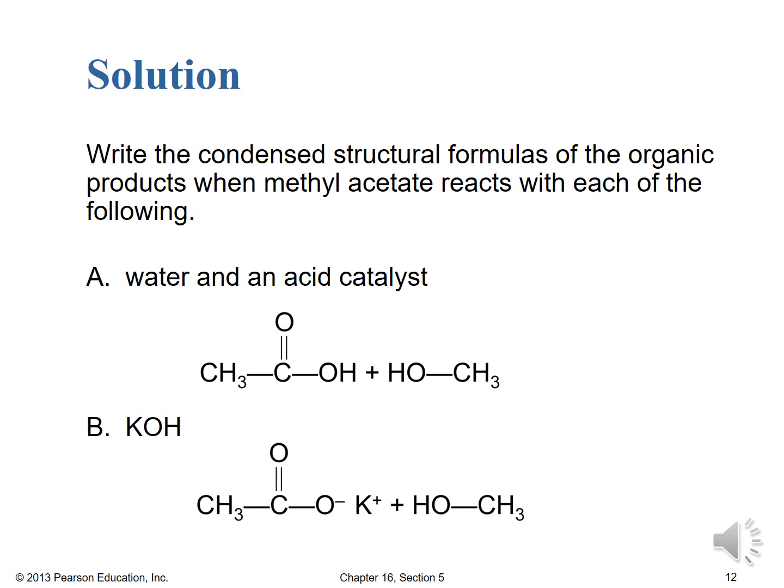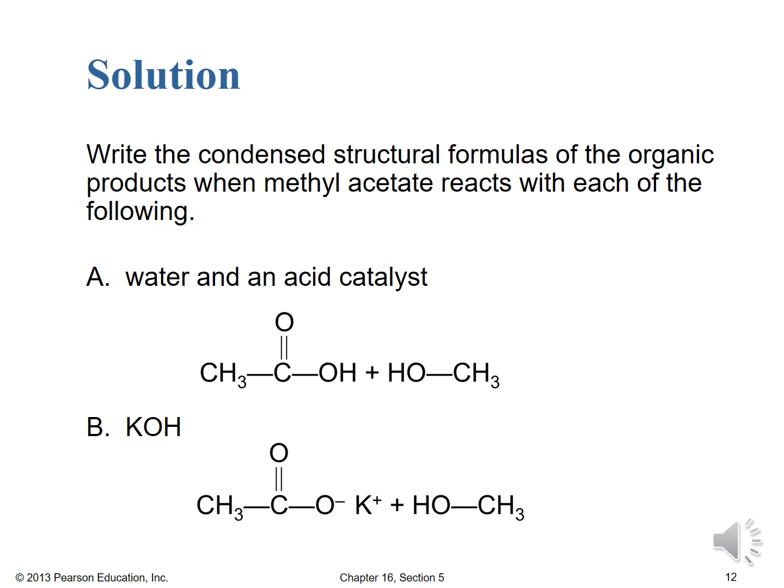If we look at B, we have now the strong base, so instead of getting the neutral carboxylic acid, since there's a strong base around, the H from that COOH group is going to be removed, and therefore we're going to get the carboxylate salt. In this particular example, it's potassium acetate, as well as the neutral alcohol, so we get that same methanol that we see above.